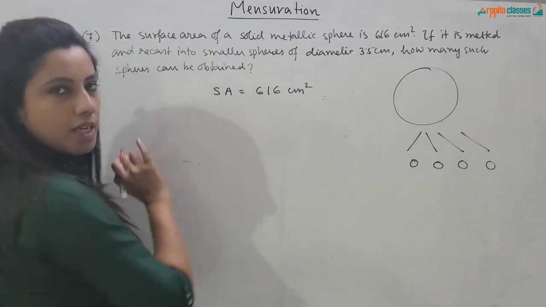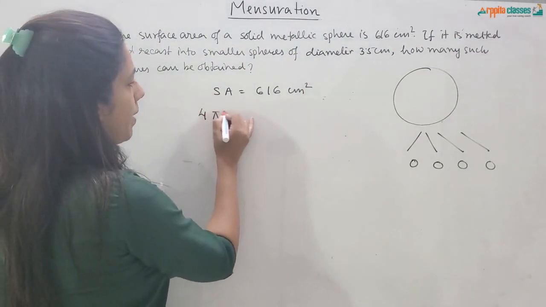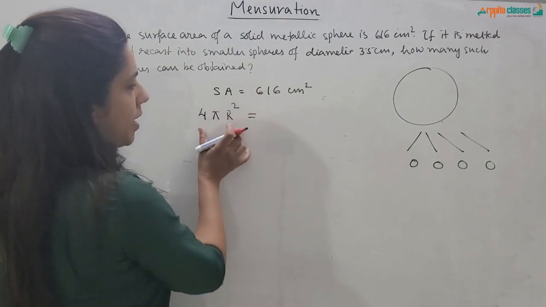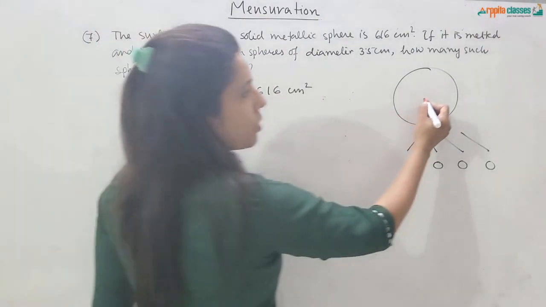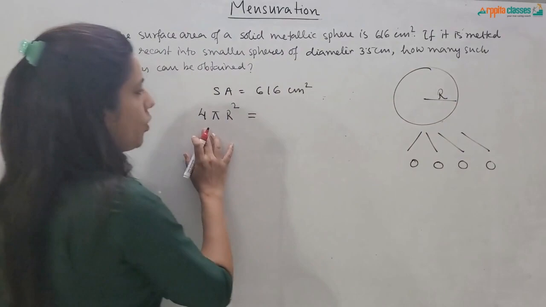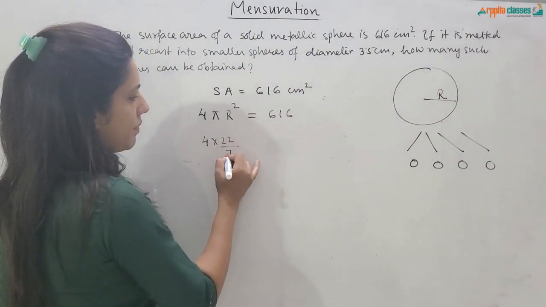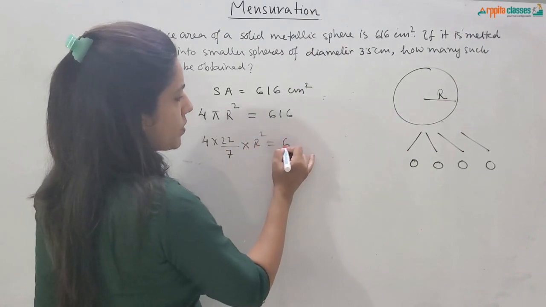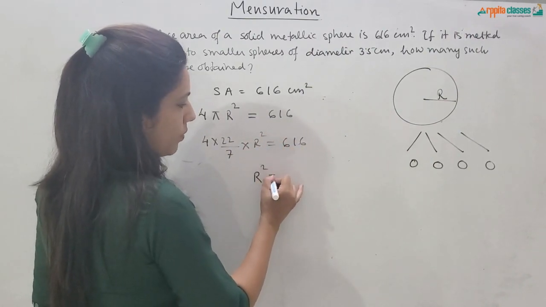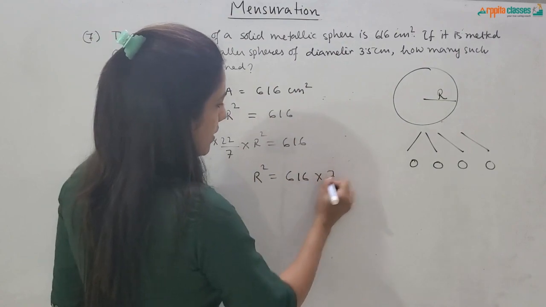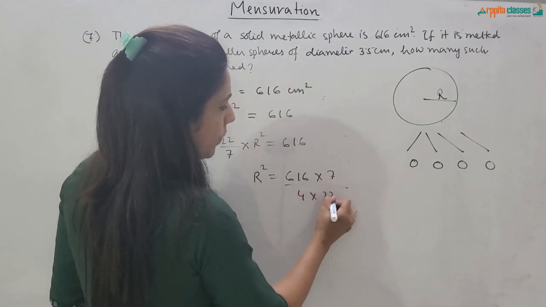First of all, surface area is given. Surface area is 4 pi capital R square, where I am denoting the radius of the bigger sphere as capital R. 4 pi R square is 616. So 4 into 22/7 into R square is equal to 616. So R square would be 616 into 7 divided by 4 into 22.